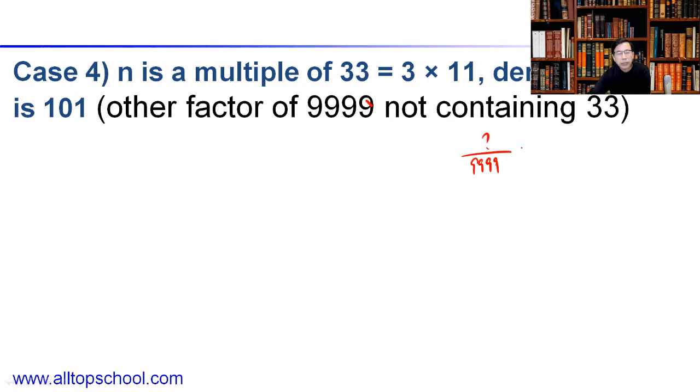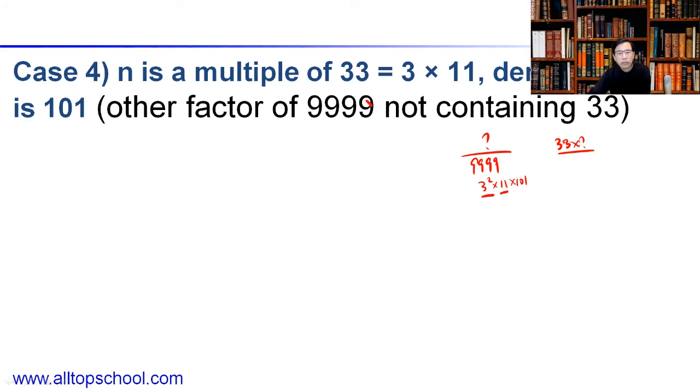Okay, but since we want the top to be 3 or 33 times something, the denominator cannot have 9, cannot have 3 squared. This is 11, this is going to be 101. So certainly we cannot have the 3, cannot have 11.